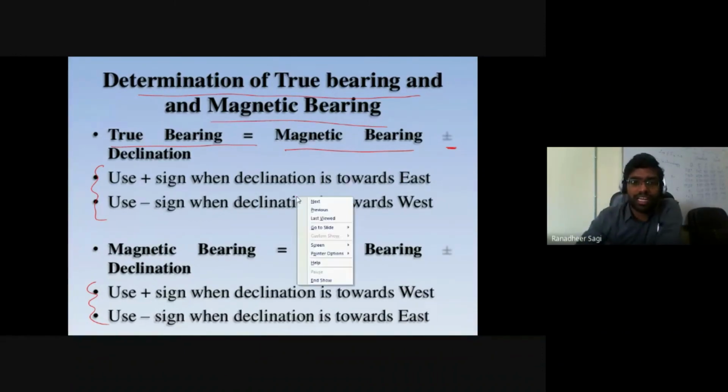Sir, I am slightly confused. Please try to explain a little more in detail. Look at this sketch once. Let's say this is some point A. I have some survey line AB like this. And let's say my true meridian direction is this, which I am writing as my true north.